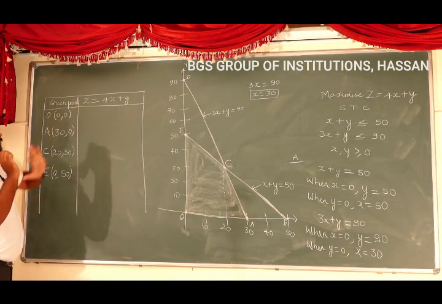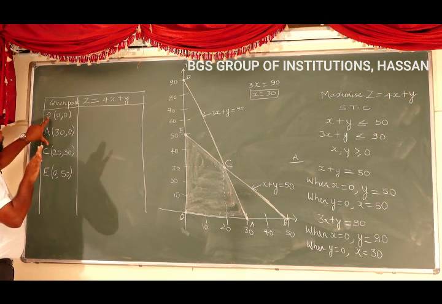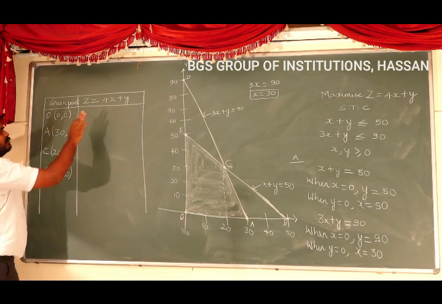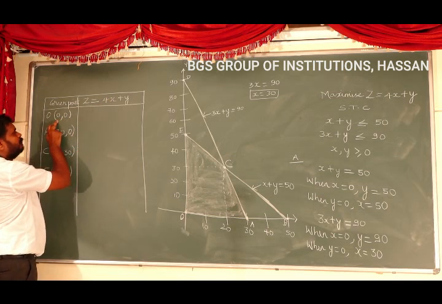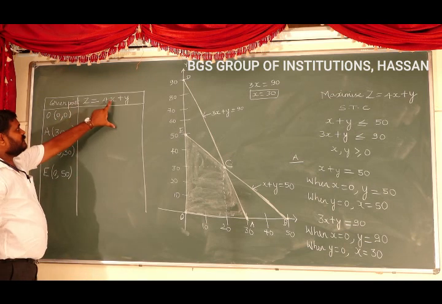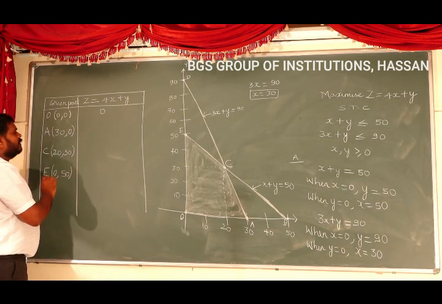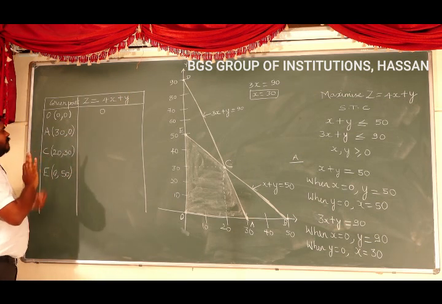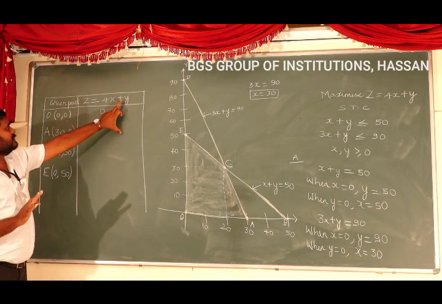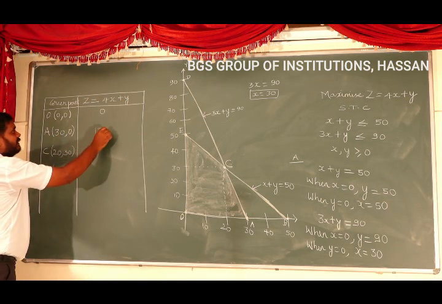Now I need to calculate the value of z. This is the last part of your problem. Now, what's the value at origin? The coordinates of origin are 0, 0, which means I put the value of x to be 0 and y to be 0. If I substitute the values in z, which means 4x plus y, 0 plus 0 becomes 0. Now if I put 30, 0, x is 30 and y is 0. 4 into 30 is 120.